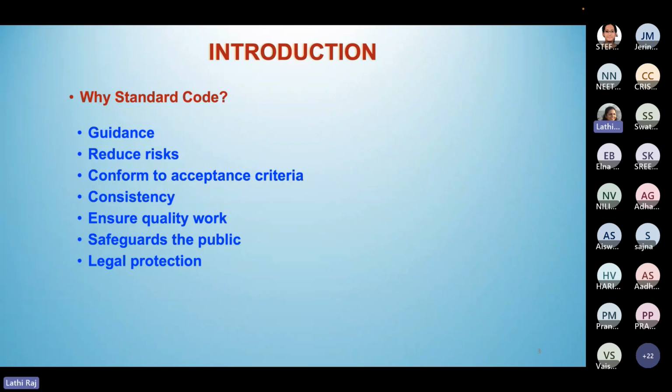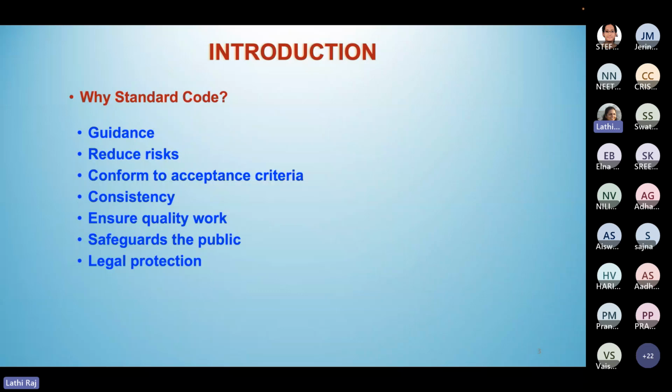Then legal protection. What is legal protection? Suppose you are designing something and some failure happens. And you have designed based on certain criteria and there is a dispute saying that this design is not done as per the norms. Then you have a design criteria based on code and that will give you a legal protection. You can always argue based on the codal provisions.